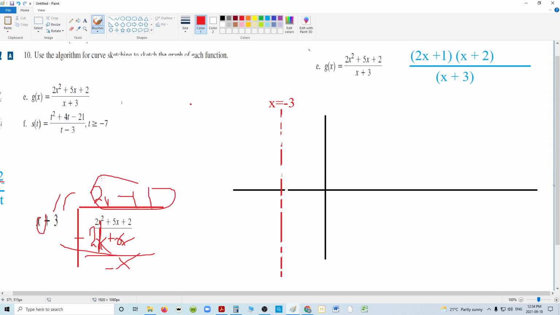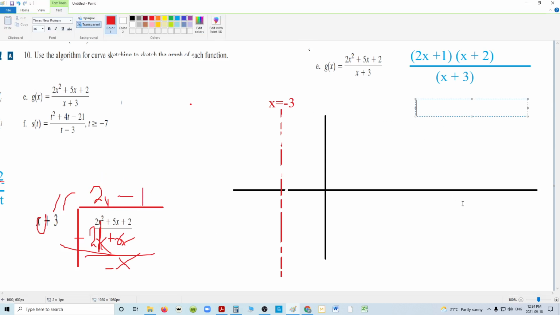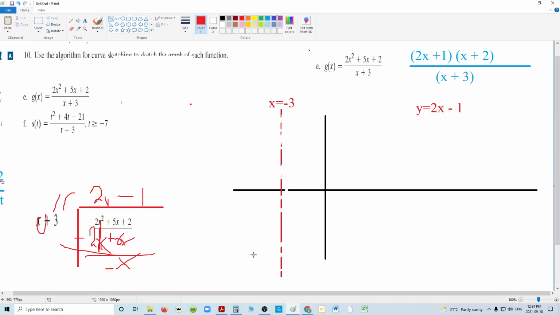You've got your line. It's got a slope of 2, and it's 2x minus 1, which now means your oblique asymptote is 2x minus 1, so it goes through minus 1. So you can even tell that it goes through minus 1 here. This is if the slope was normal. It's quite clear the slope is going to be twice as big.